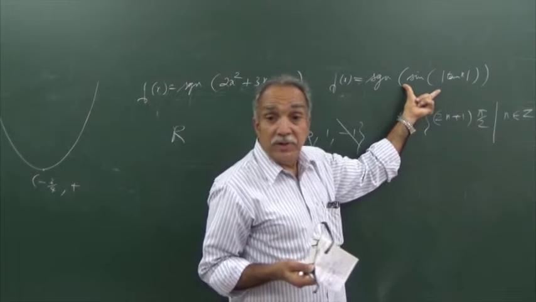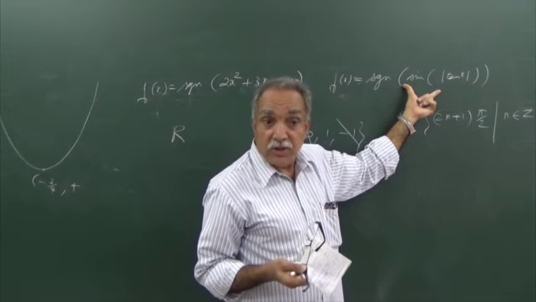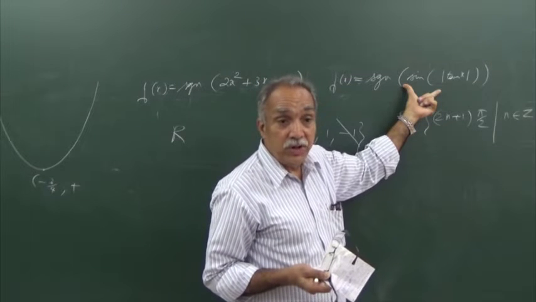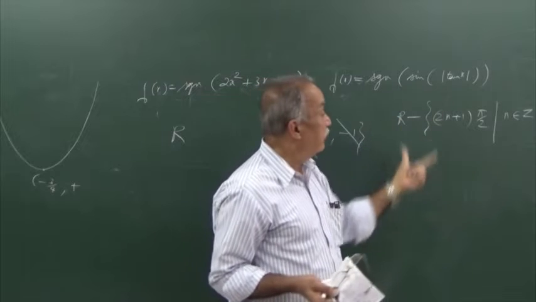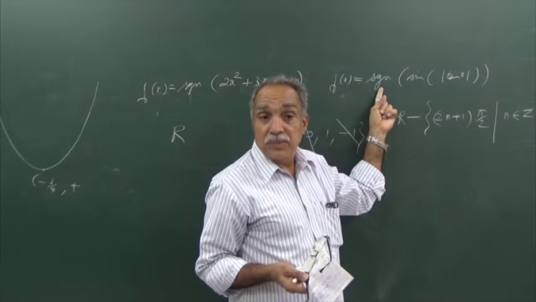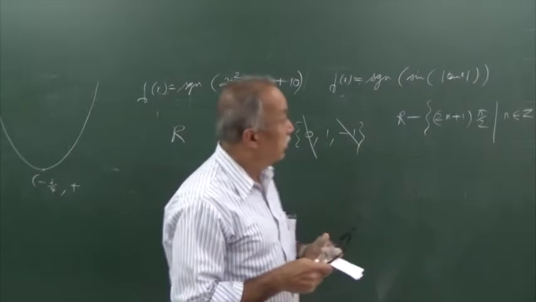So, what values will be taken up by this? Are negative values taken now, even now? Yes, all values from minus 1 to 1, including minus 1 and plus 1. Therefore, the collection of values this takes will be the 3 element set, minus 1, 0, 1. Good.